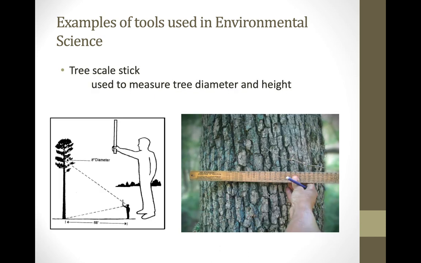And finally, this is a Biltmore stick, also called a tree scale stick. It is called Biltmore for the same Biltmore that you think about in Asheville. If you were not aware, the Biltmore estate, really a lot of the Biltmore legacy has to do with forestry.